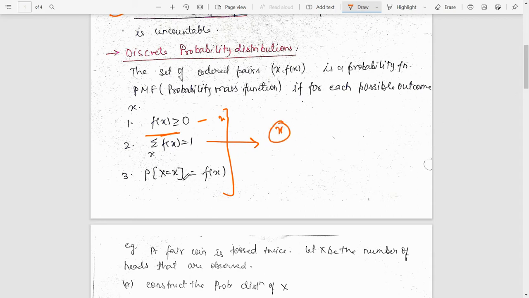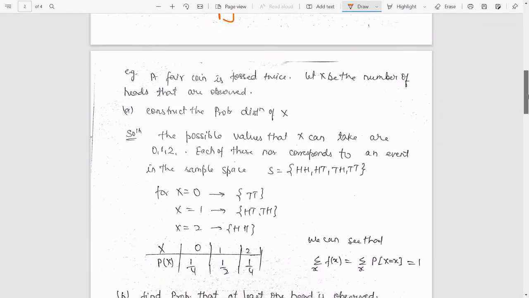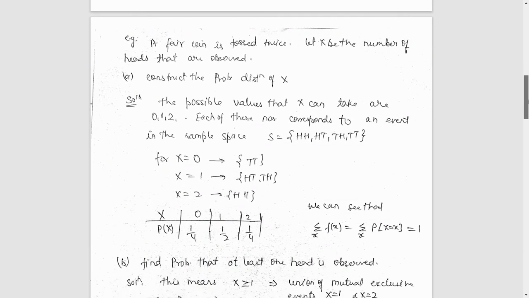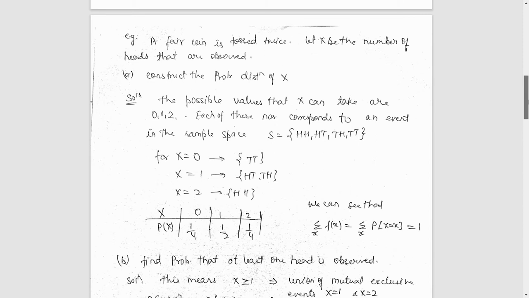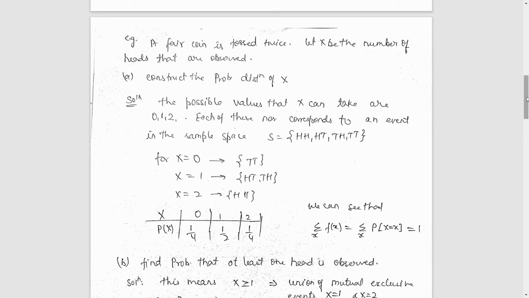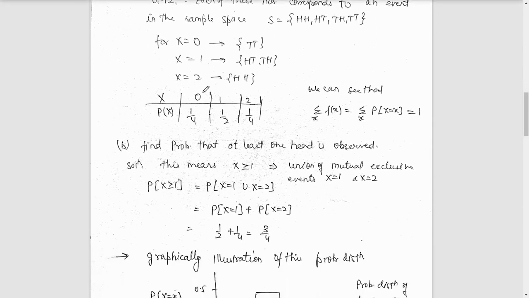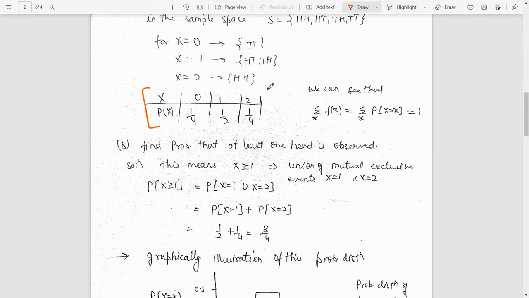If you want to calculate the probability at any point x, you simply put that value in the function and you get the probability. We also discussed examples, like defining x to be the number of heads when tossing two coins, and how we can define the probability function. Obviously it's a probability mass function, because pdf is for continuous distributions.